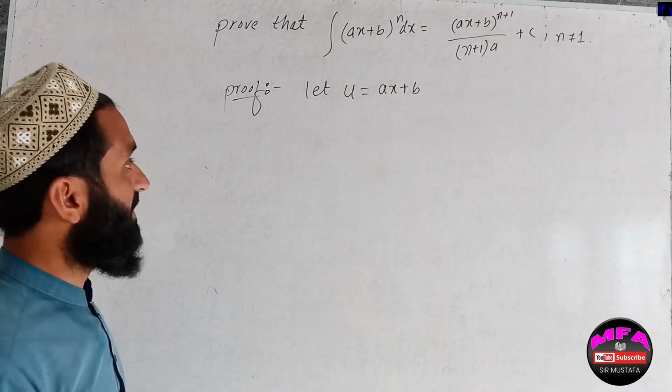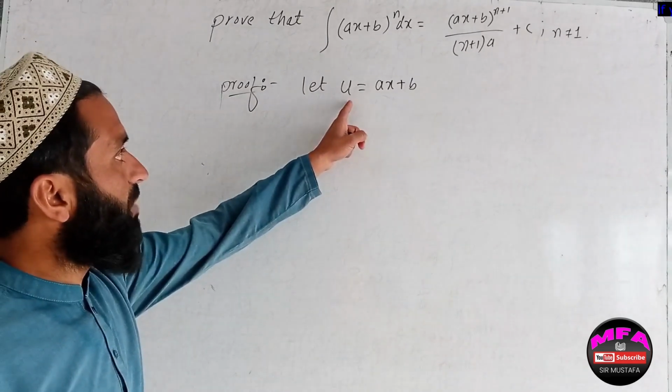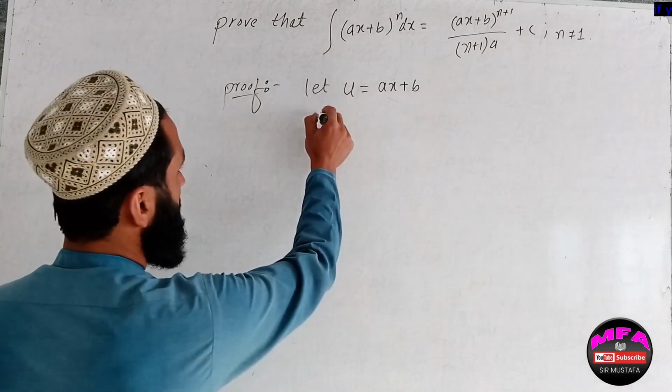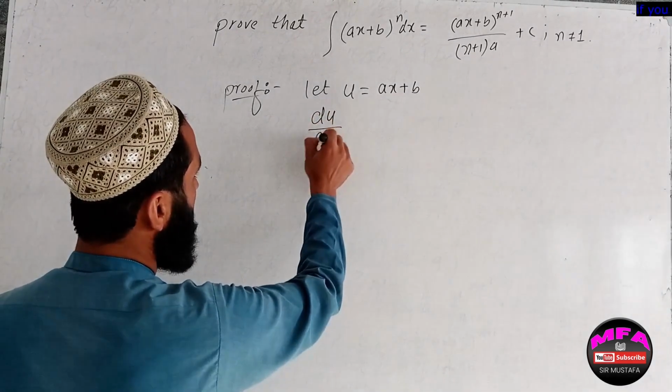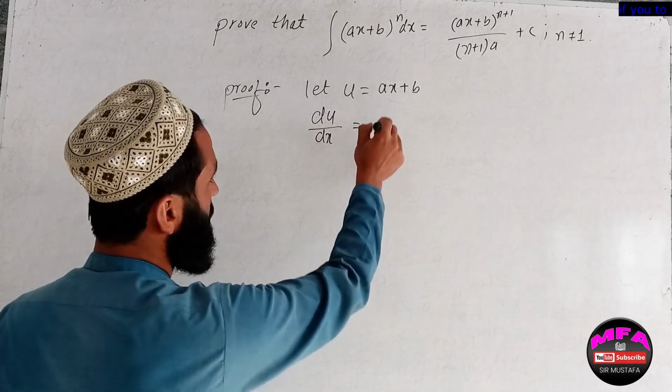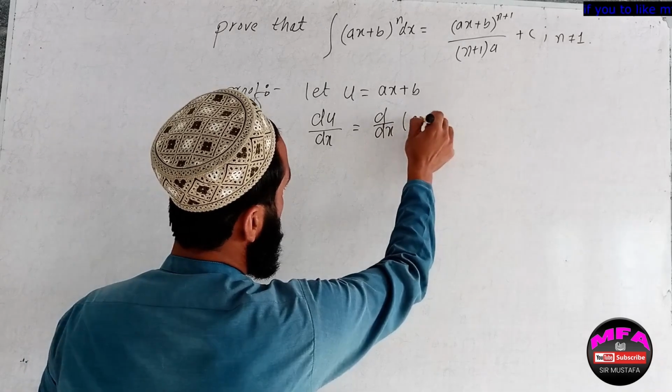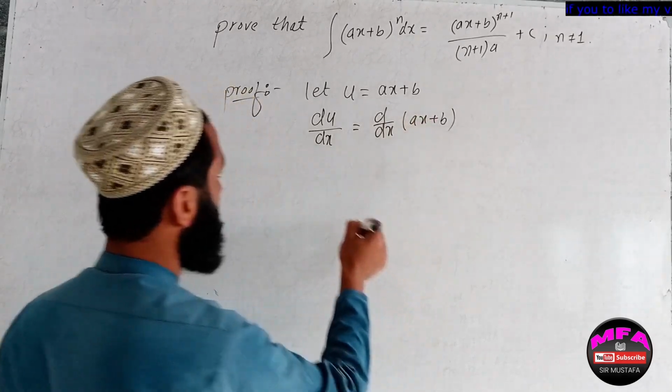Now differentiate u equal to ax + b with respect to x on both sides to get du/dx equal to d/dx of (ax + b). So du/dx equal to, applying the derivative to each term, d/dx of ax plus d/dx of b.